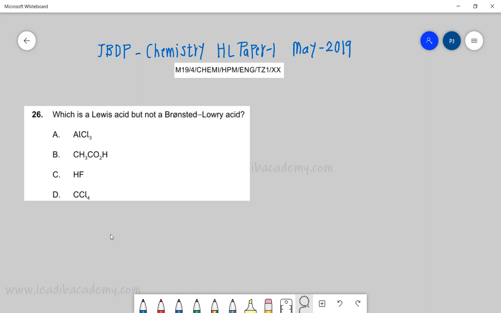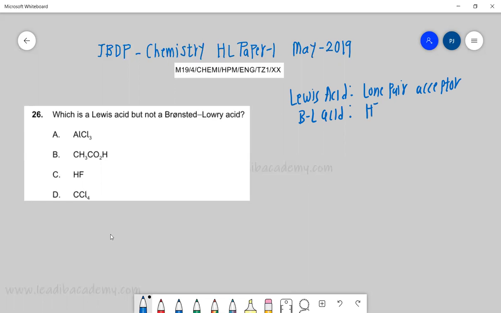They are asking us which is a Lewis acid but not a Bronsted-Lowry acid. So first, let's get our concepts very clear. Just revise quickly. What is a Lewis acid? It is a lone pair acceptor. And as per Bronsted and Lowry, what is the acid?